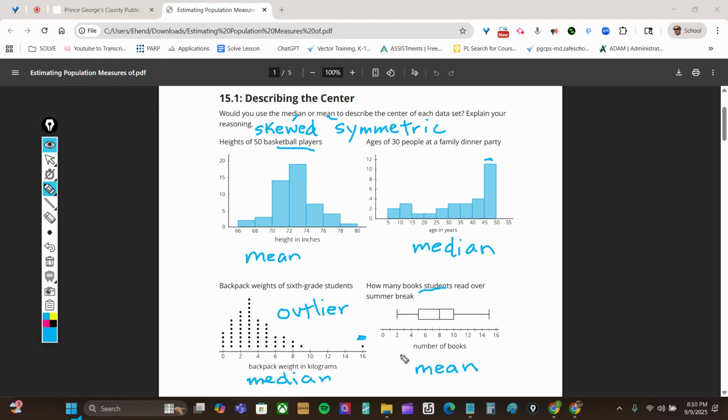I'm looking back at the question. It says, which would you rather use? For that last one with the histogram, we'd rather use the mean to find the number of books. All right. Add that to your notes. Move on to the next one.